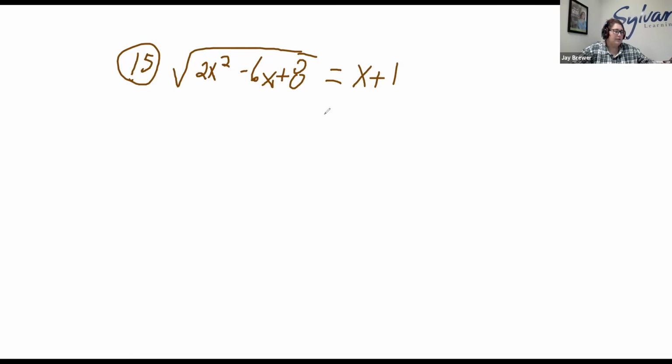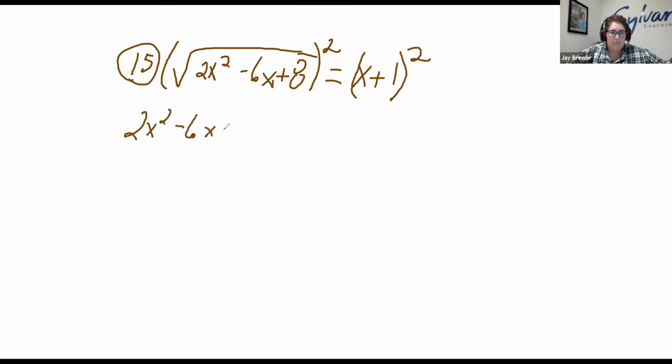What do you notice is a little bit different about this problem compared to other problems? What do we have on the right-hand side? We have an expression, right? So we're going to have to FOIL that. We can't just square the x term alone. All right, so on the left side, the square root cancels. We get 2x squared minus 6x plus 8.